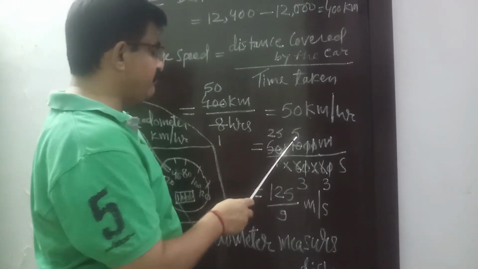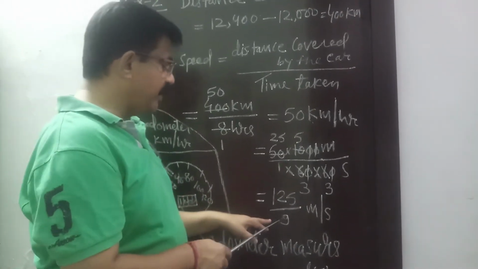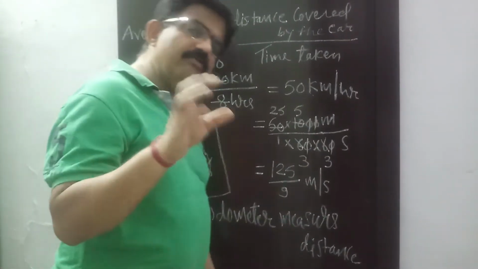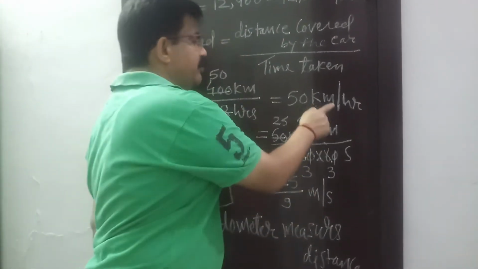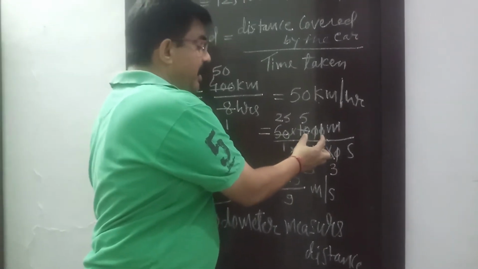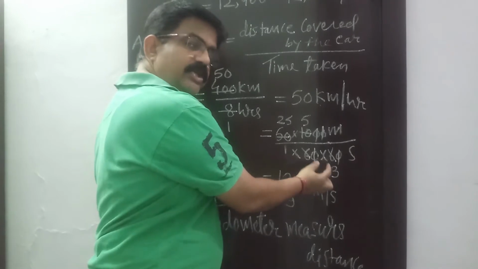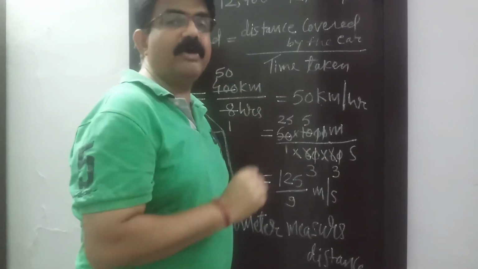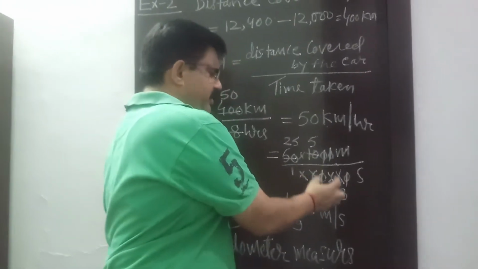So we get 125 upon 9 meter per second. So whenever you have to convert kilometer per hour into meter per second, you multiply it by 1000 upon 60 into 60. Or there is a simple way, multiply by 5 upon 18. But you do it. Okay.